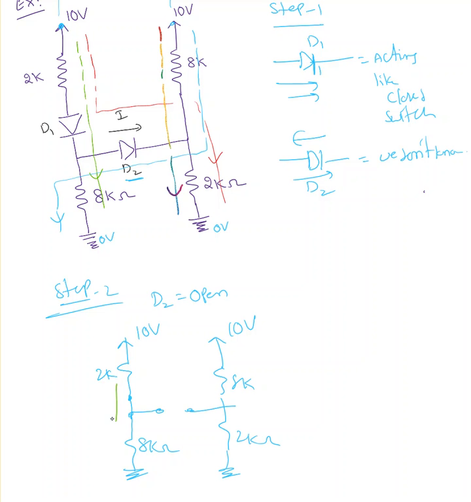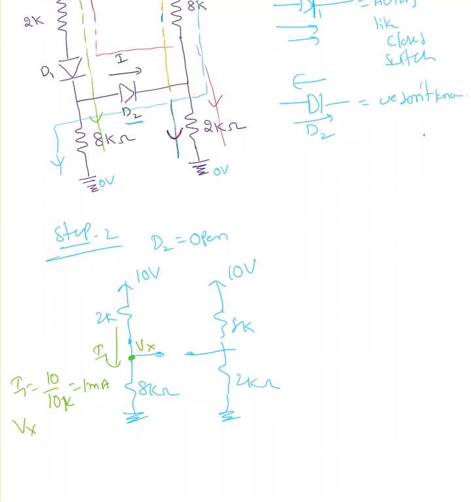Now I'll find the current. Let me label this as I1. I1 equal to 10 over 10K, 1 milliampere. Let me label that as Vx. That Vx must be equal to 1 milli times 8K, that must be 8 volt.